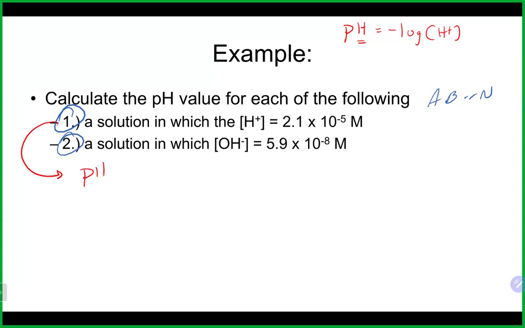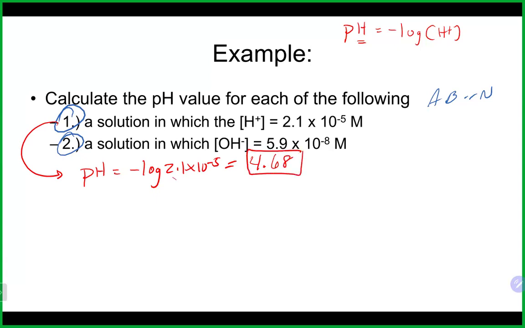And that would get us to pH is equal to minus the log of 2.1 times 10 to the minus 5. Again, depending on your calculator as to which way you want to punch that in, whichever way you choose, make sure it's the right way. And if you do that, that's going to give us 4.68 in terms of our pH.